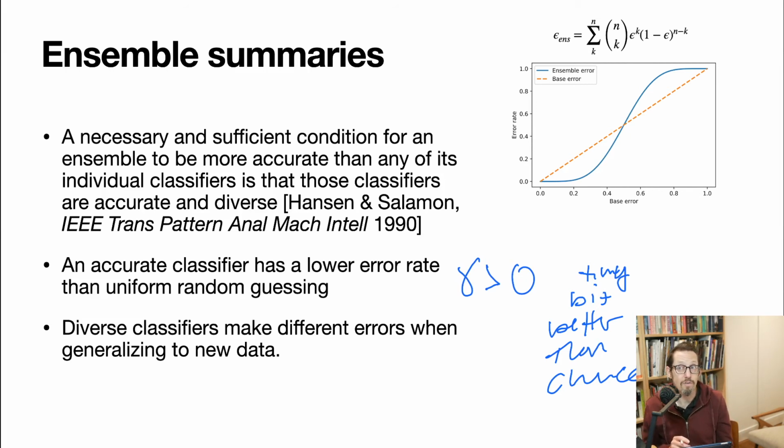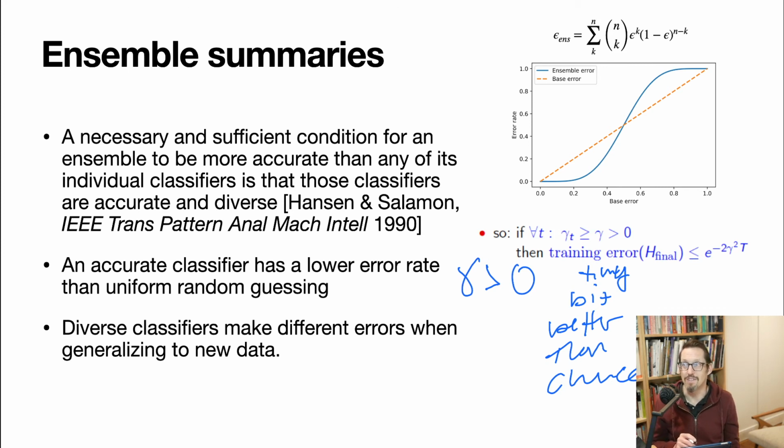A diverse classifier is going to make different errors than its friends, right? So, I didn't have to write this. It came for free. So if classifiers are accurate and diverse, we know they're going to do better as an ensemble than any individual most of the time.